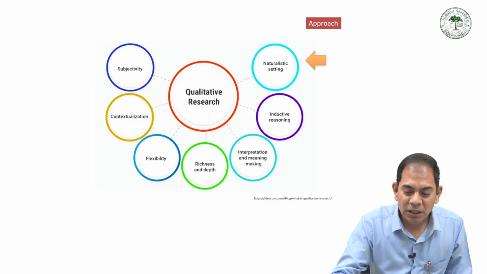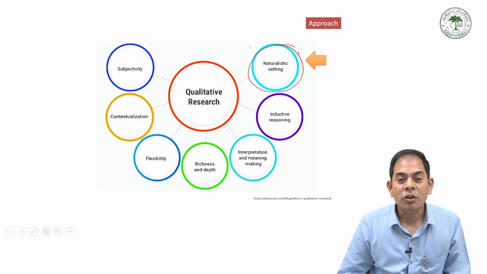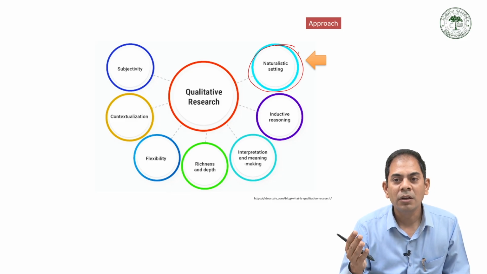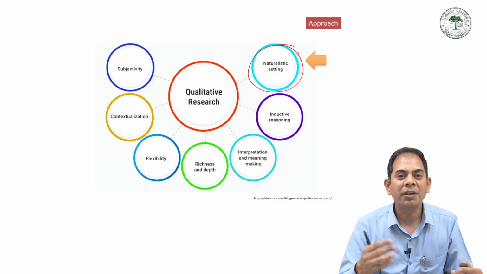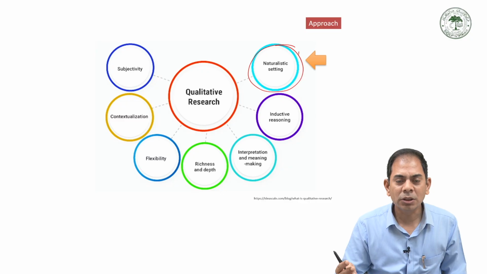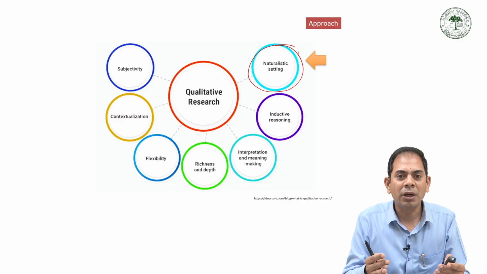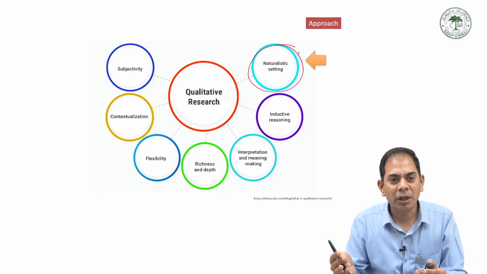Next important thing is naturalistic, which means studying people or events in their real or natural environment without artificial control or laboratory conditions. You conduct research in a natural, real environment, not in an artificial or laboratory condition.